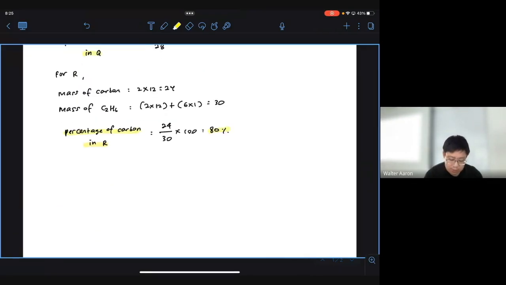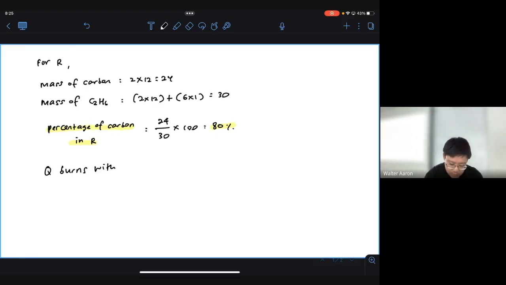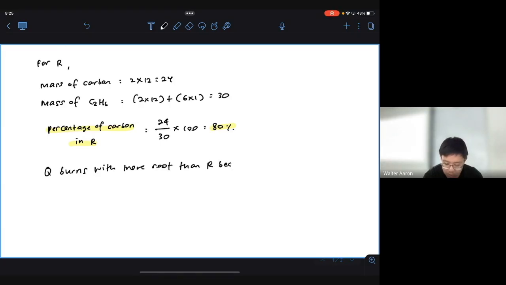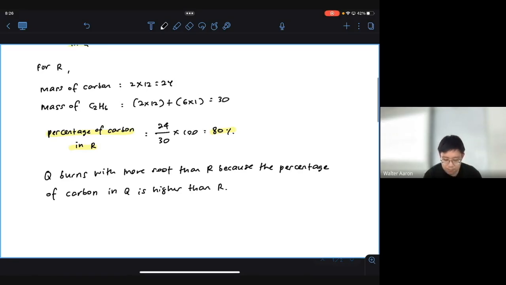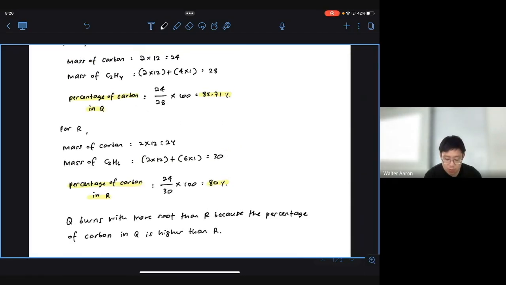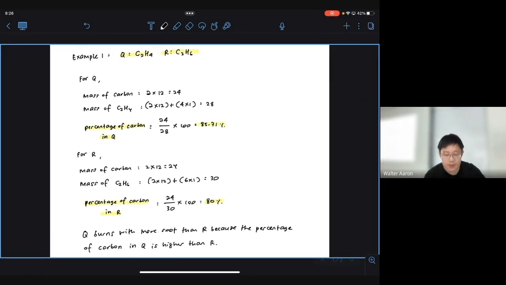Okay. So you can say here, Q burns with more soot than R because the percentage of carbon in Q is higher than R. Then with the explanation and with the calculation, you should be able to get full marks for the explanation already.